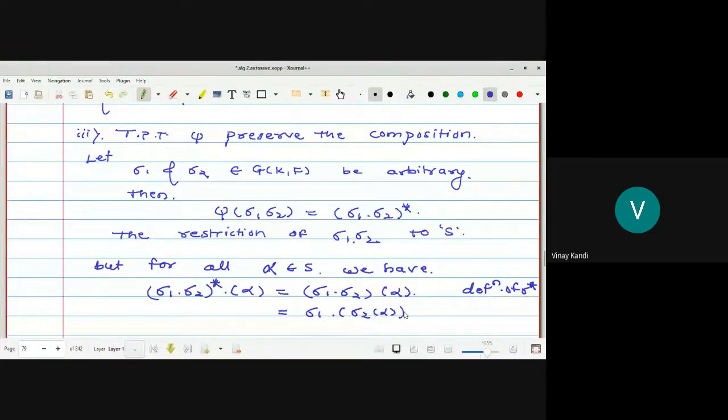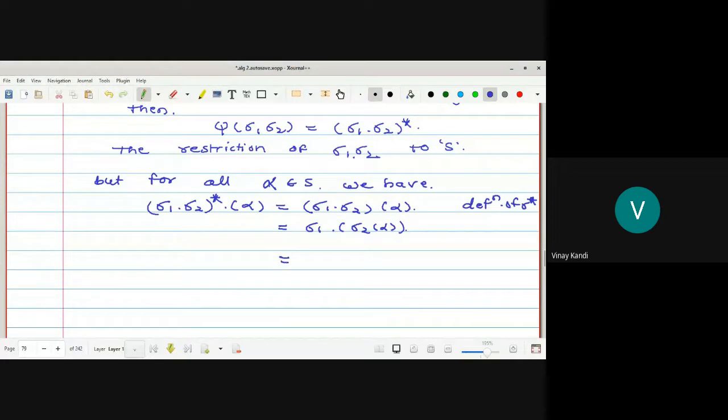Which is equal to sigma 1 of sigma 2 star of alpha. On S, we have sigma 2 equal to sigma 2 star, and sigma 1 is equal to sigma 1 star on S. So this is equal to sigma 1 star of sigma 2 star of alpha.